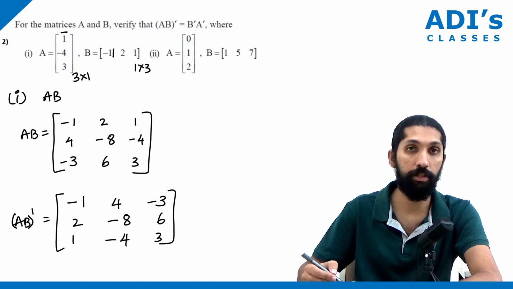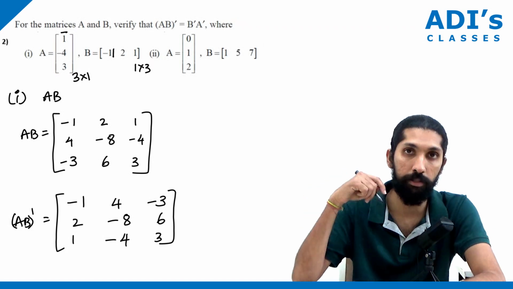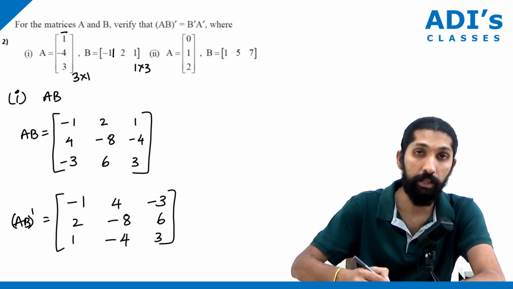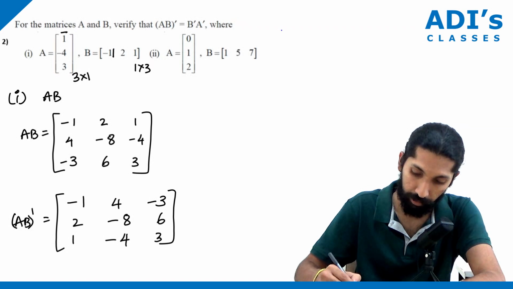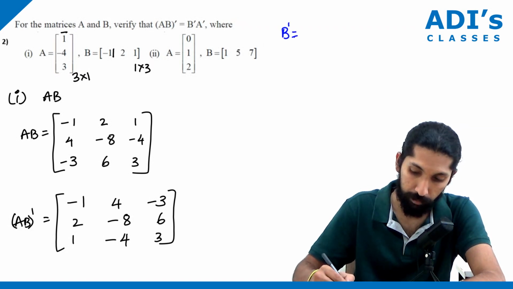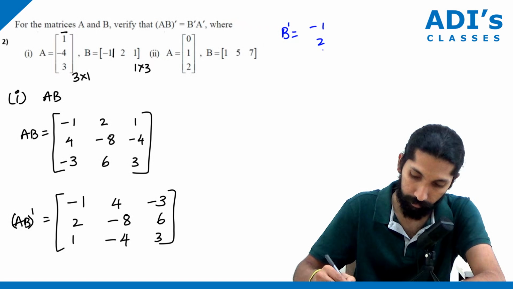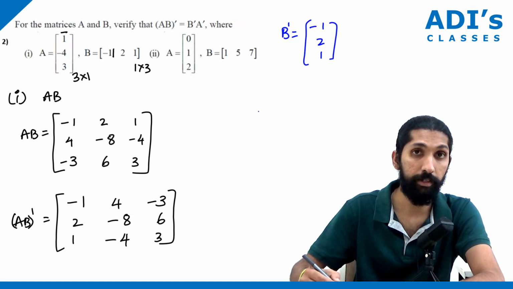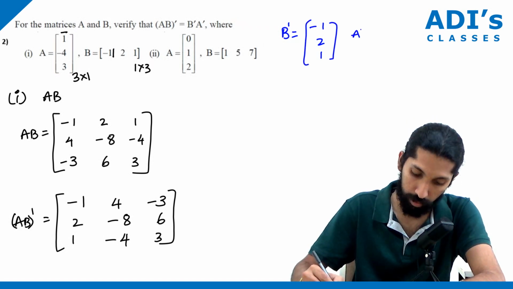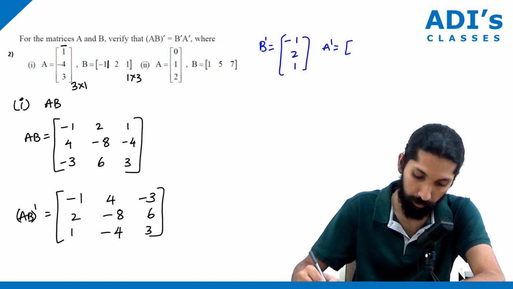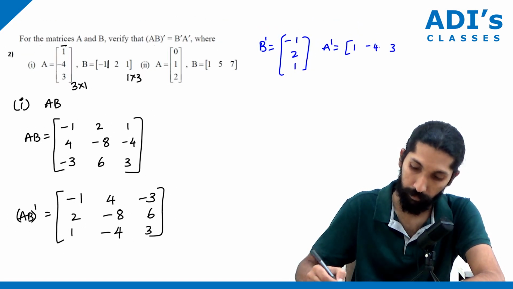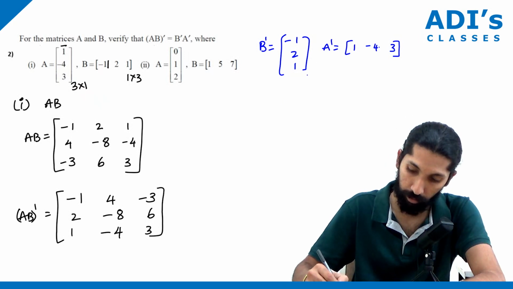Now the RHS, that is B transpose into A transpose. Now B transpose is going to be, so let me write it here, B transpose minus 1, 2, 1, correct? A transpose is going to be 1, minus 4, 3. Again, it's a 3 cross 1, it's a 1 cross 3.